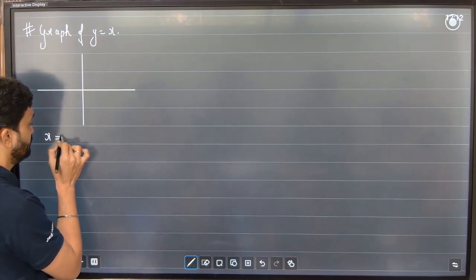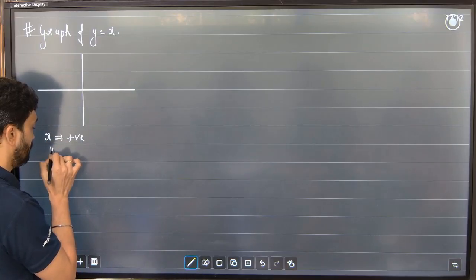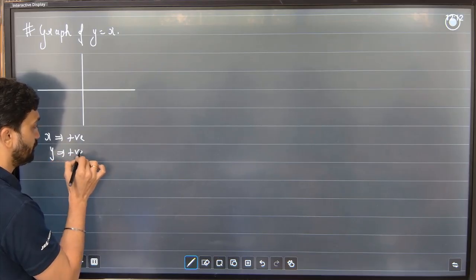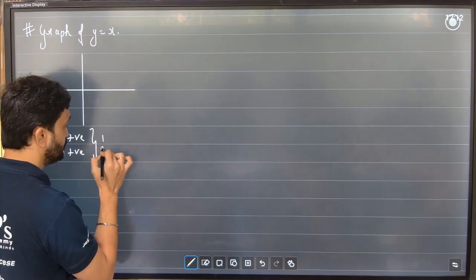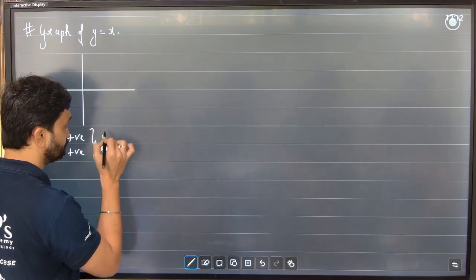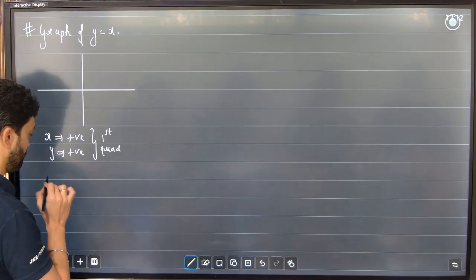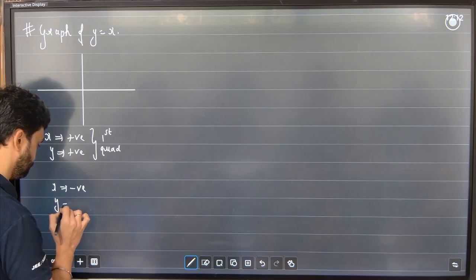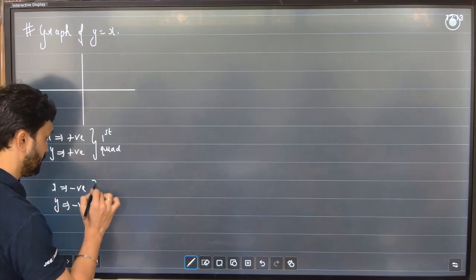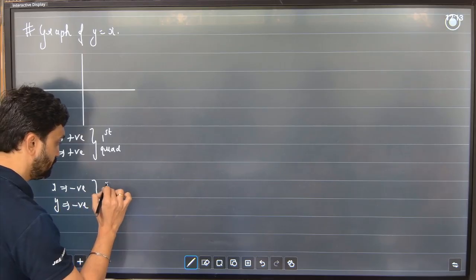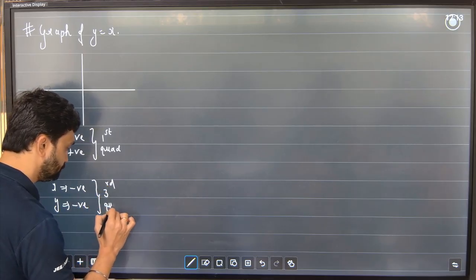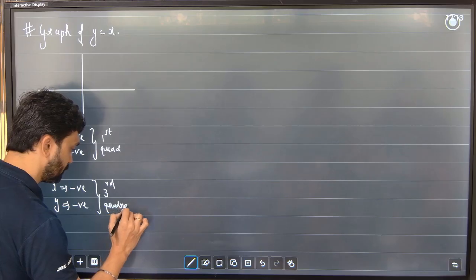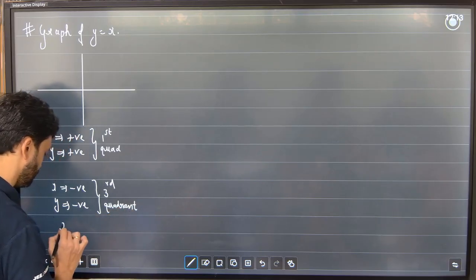So if x is positive, y is positive, this gives rise to your first quadrant. If x is negative, y is negative, this gives rise to the third quadrant.